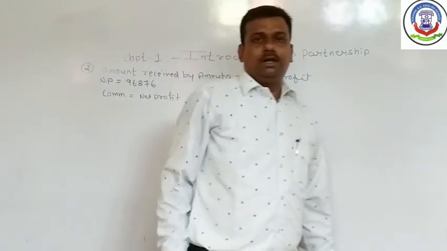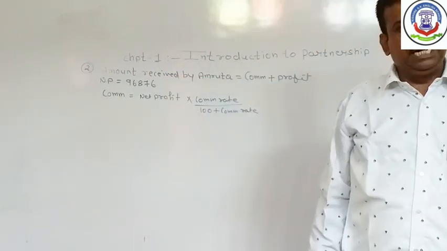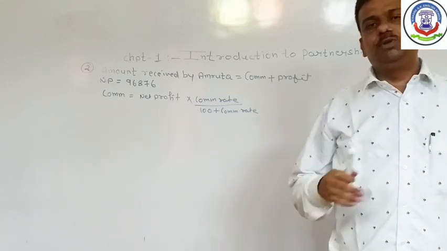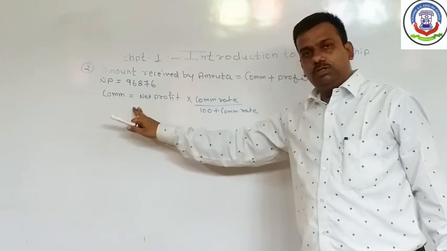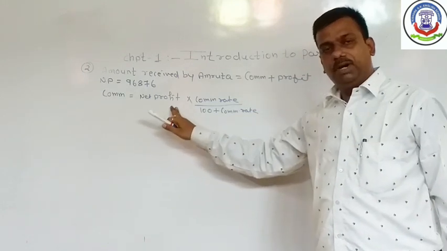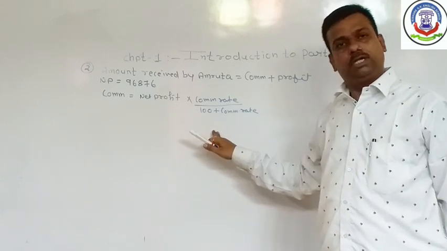After deducting such commission, this point is given. When the partner is to be paid commission, the formula is commission equals net profit multiplied by commission rate upon 100 plus commission rate.